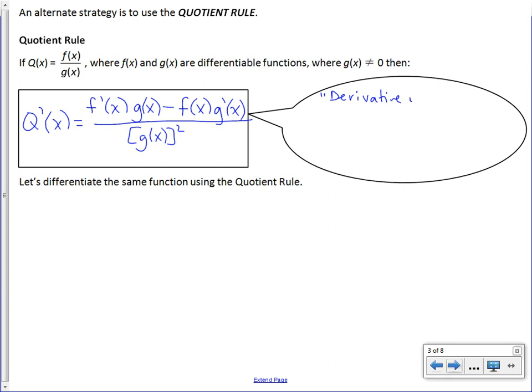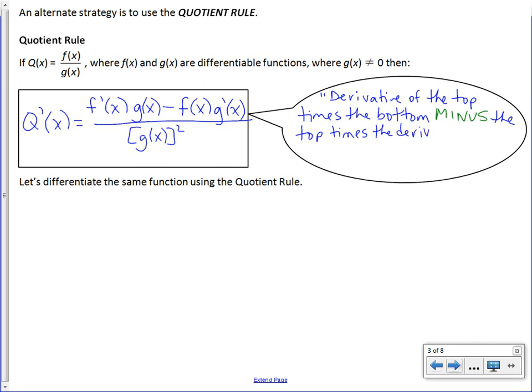Derivative of the top times the bottom, minus the top times the derivative of the bottom, all over the bottom squared.